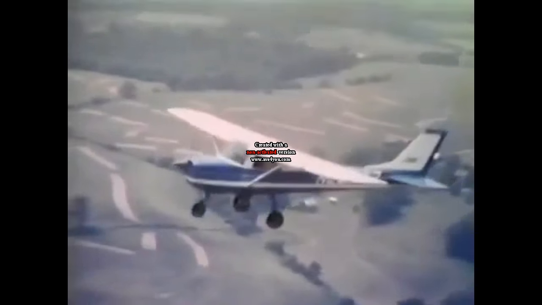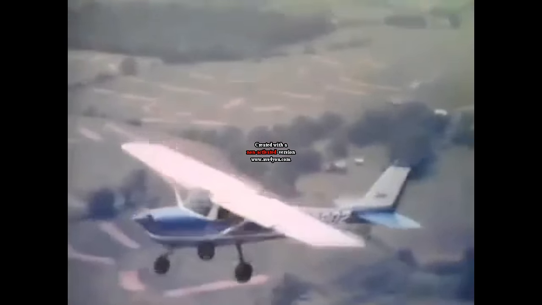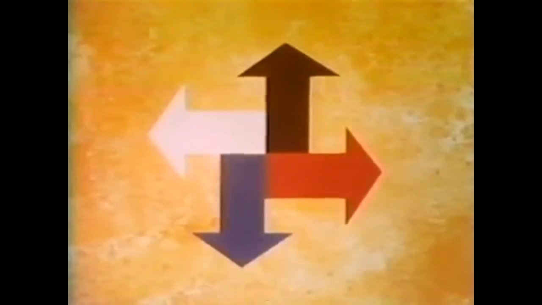In steady level flight, all forces are in balance. Thrust equals drag and lift equals weight. And this forces-in-balance relationship is so important a principle of aerodynamics that it too should have one of our tags. Let's make it with four equal arrows for lift, drag, thrust, and weight.